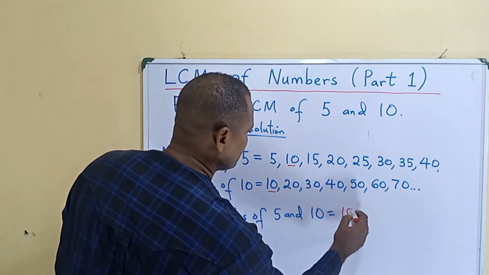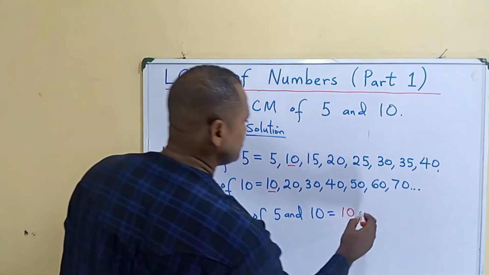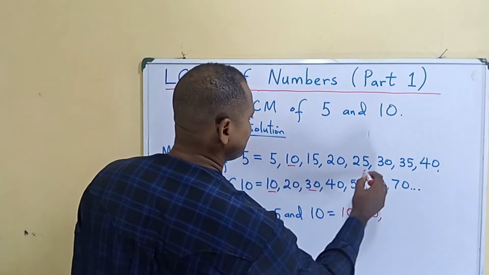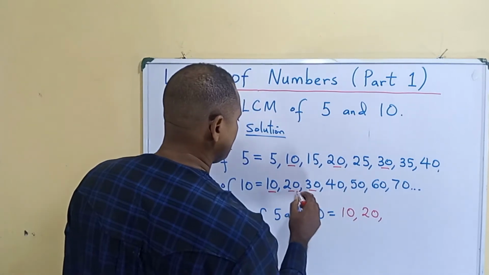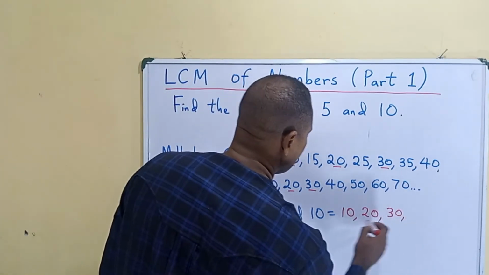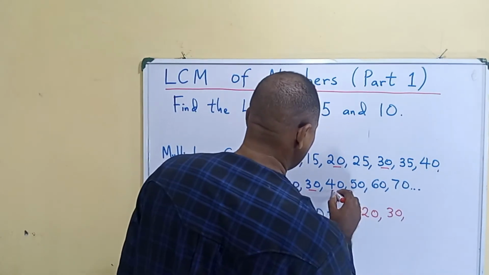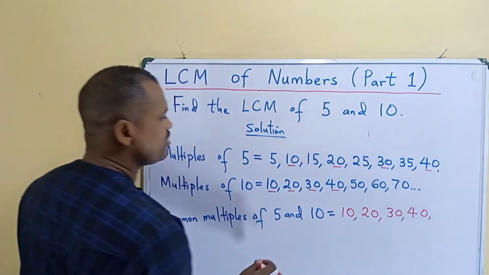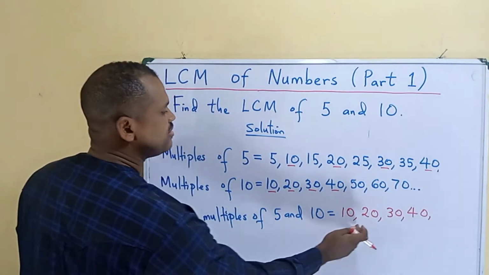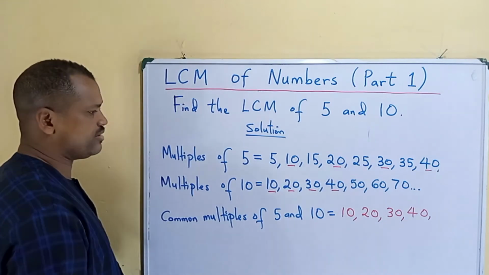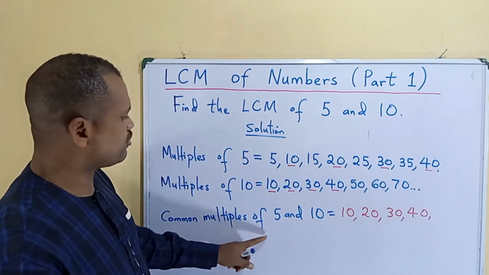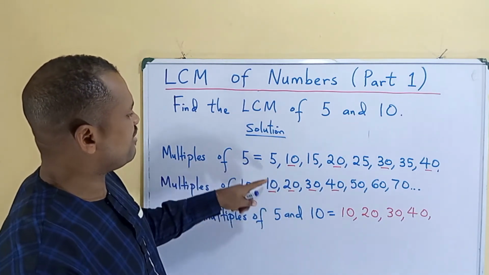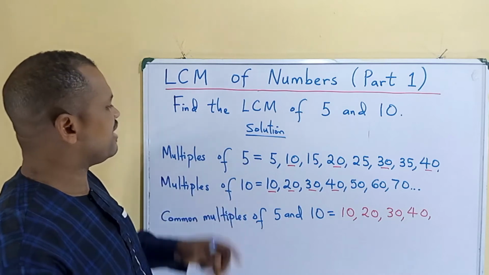Write it out. 10. 20 is here, 20 is here. 30 is here, 30 is here. 40, we have 40 also here, and we have 40 here. So these 10, 20, 30, 40 are common multiples of 5 and 10 because they appear in the multiples of 5 and the multiples of 10.